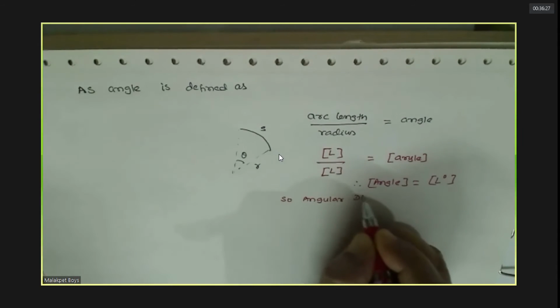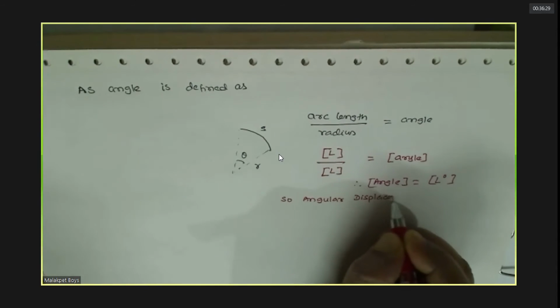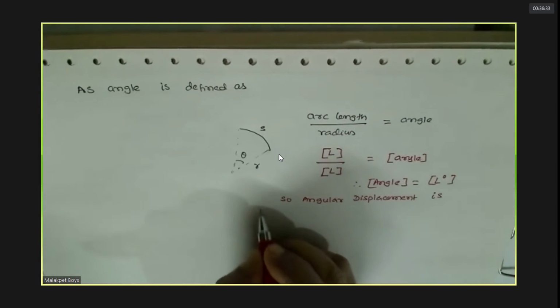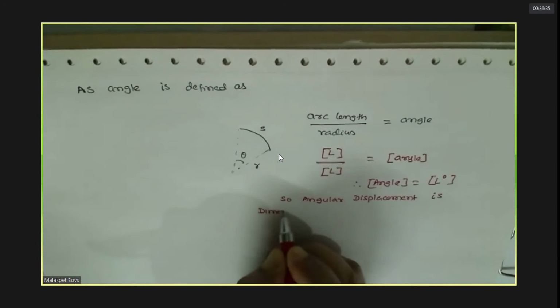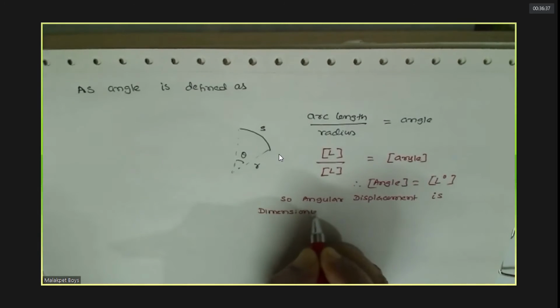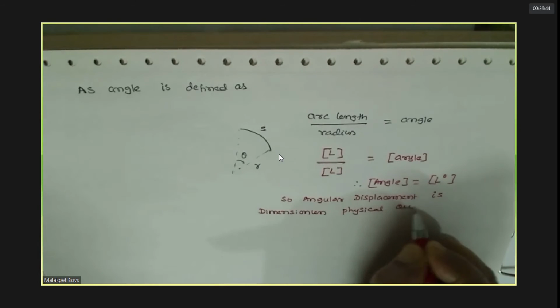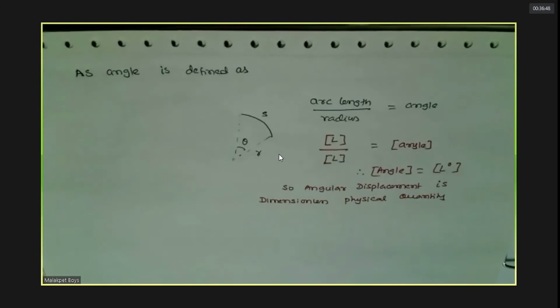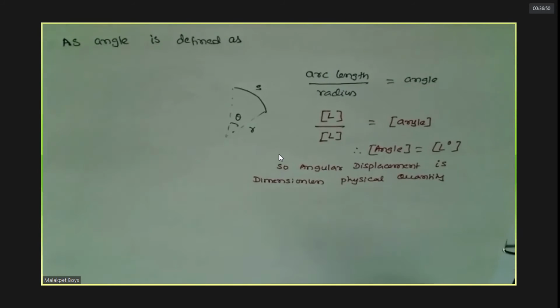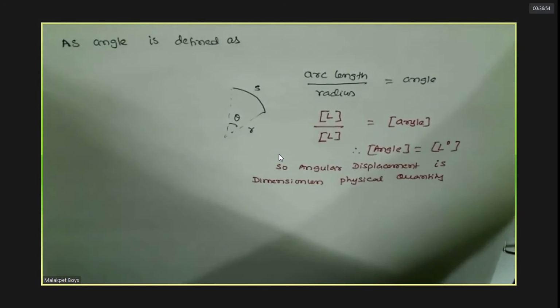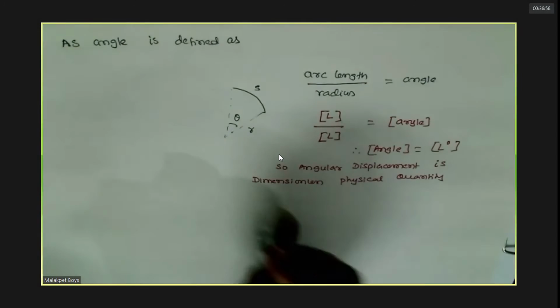Angular displacement is a dimensionless physical quantity. So obviously it has no units. Do you think like that? So remember that there will be a unit.